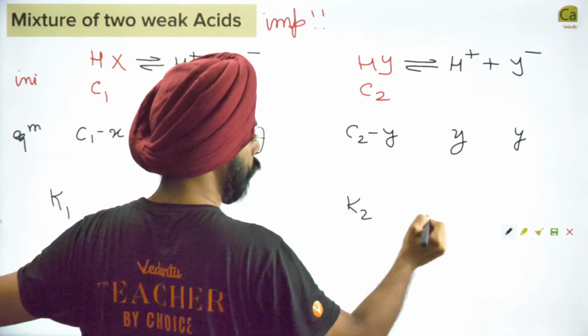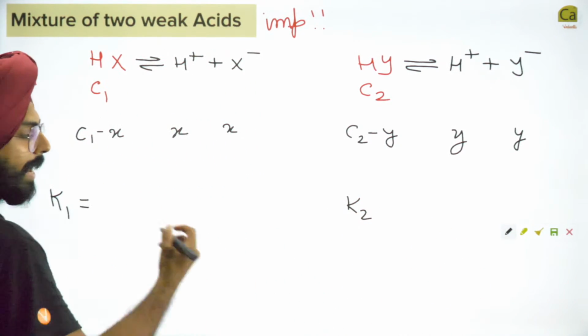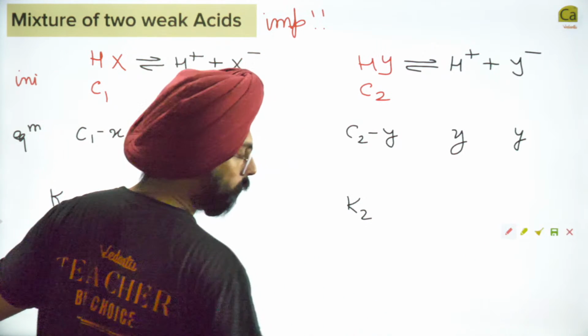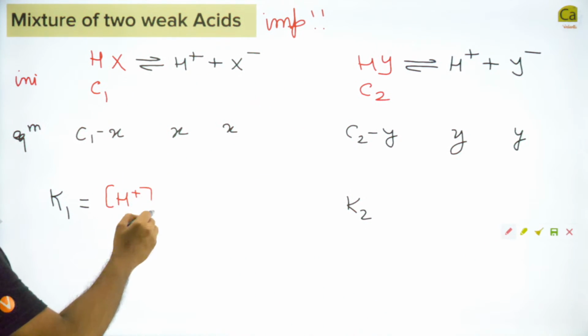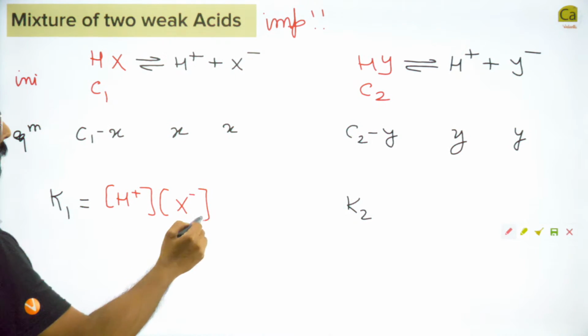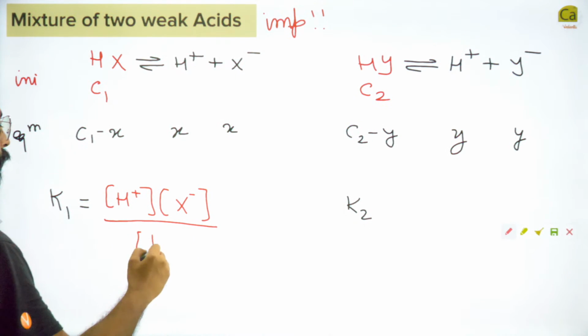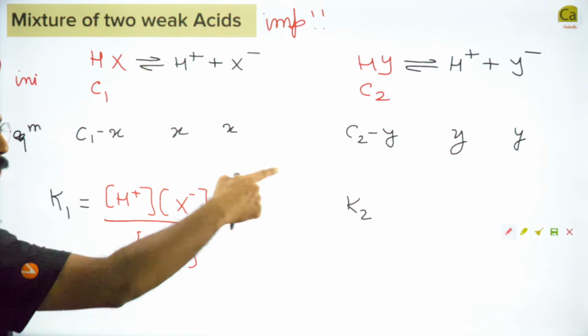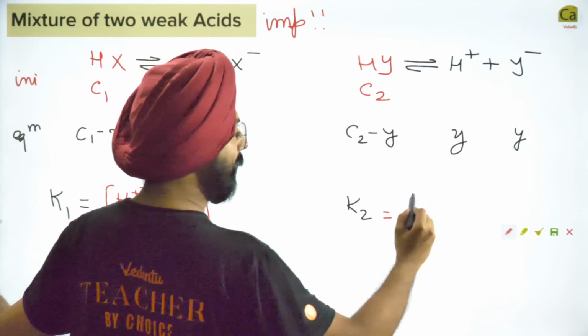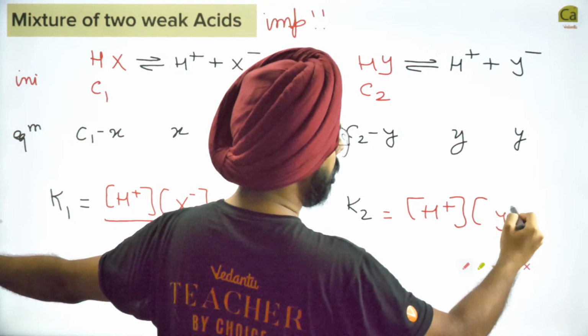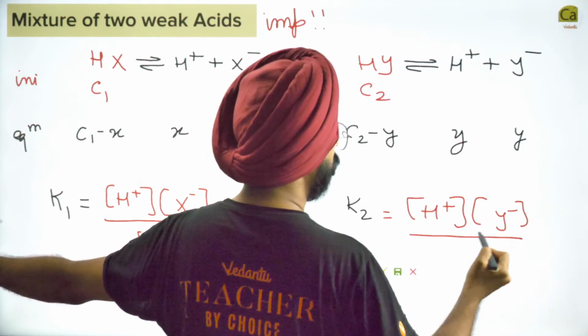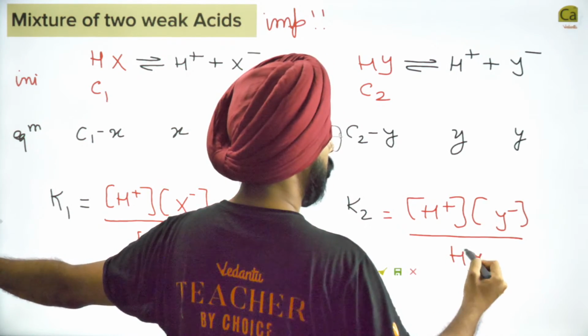Let's write the equations. K1 will be equal to concentration of H positive into concentration of X negative divided by the concentration of HX. Over there, we can write K2 as concentration of H positive into concentration of Y negative divided by the concentration of HY.